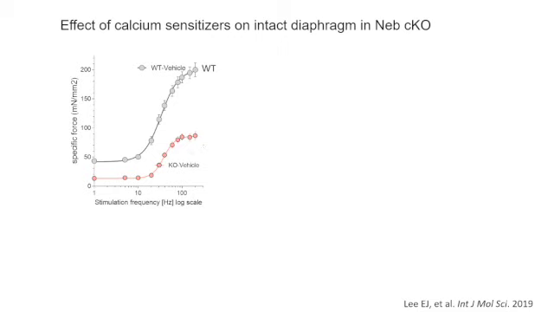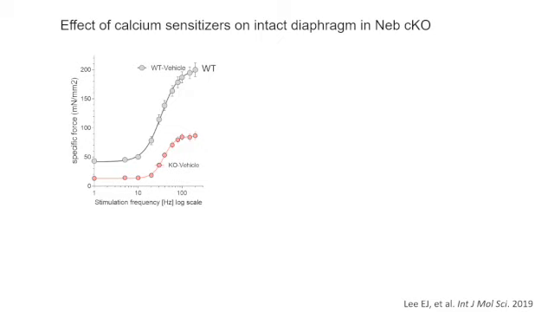Force is shown here as a function of the stimulation frequency. These diaphragm strips are held in a physiological solution, and then using electrodes, they're stimulated, over a range of frequencies from 1 Hertz to over 100 Hertz, and the developed force is expressed here as a function of frequency.